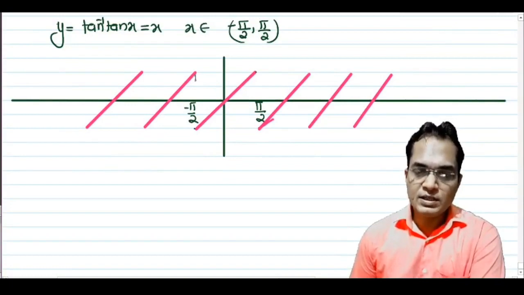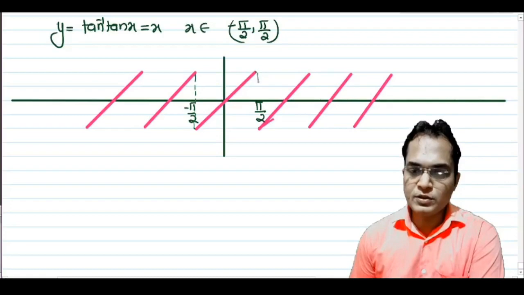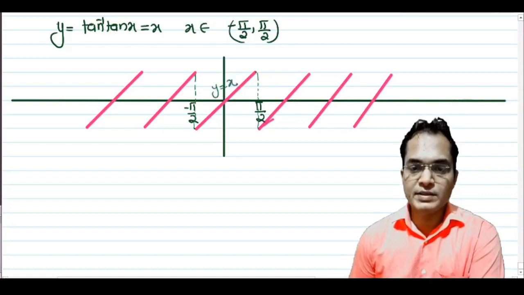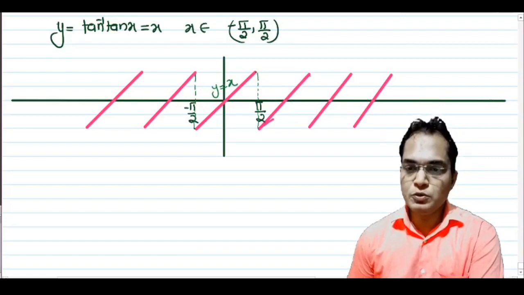Actually, this is the point of minus pi by 2, and this is the point of pi by 2. From minus pi by 2 to pi by 2, the graph is the line y equals x. And further, from pi by 2 to 3 pi by 2, this is the point 3 pi by 2, and this is the point pi.